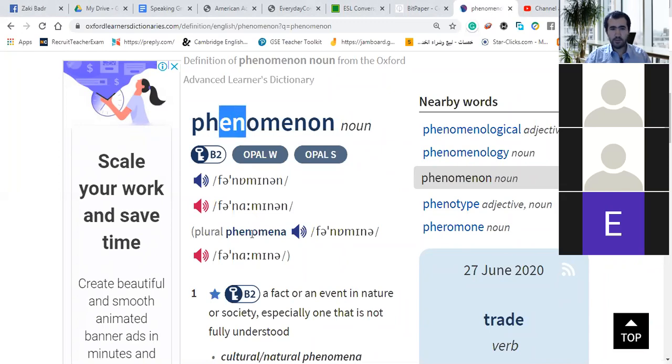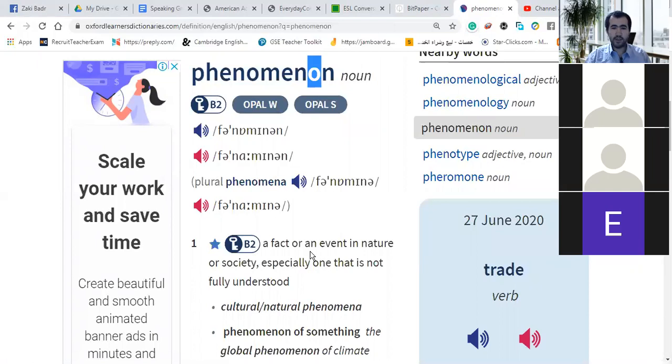Although there's no a here, we see that the e is pronounced like a long a sound. The o here is pronounced after the n. Phenomenon is a fact or an event in nature or society, especially one that is not fully understood.